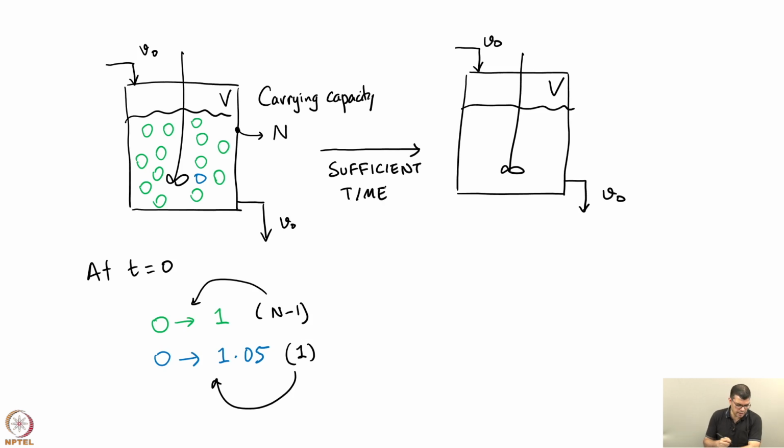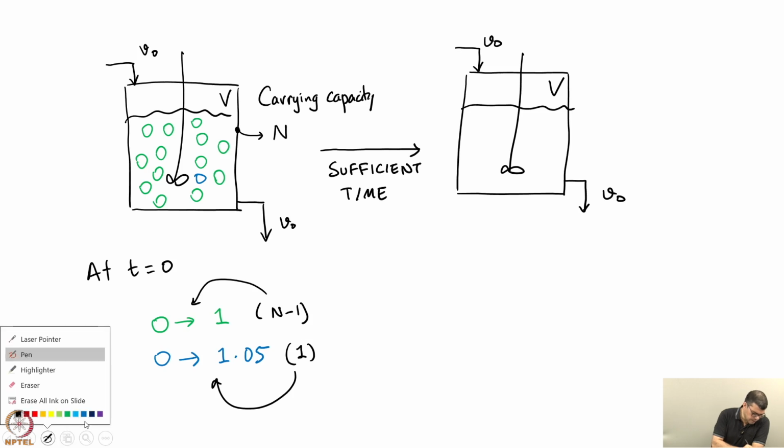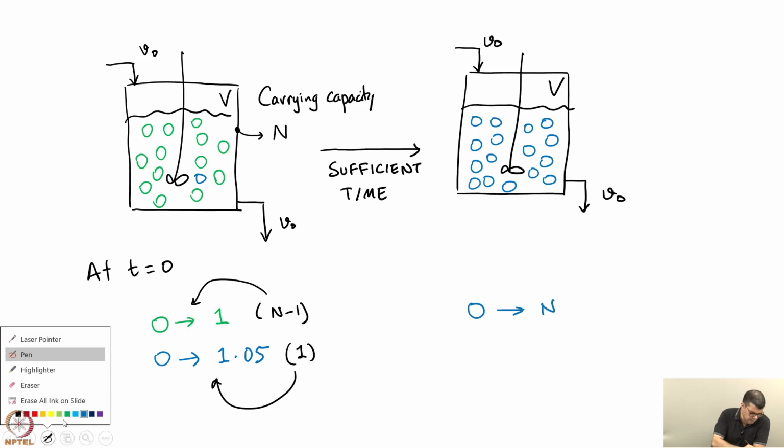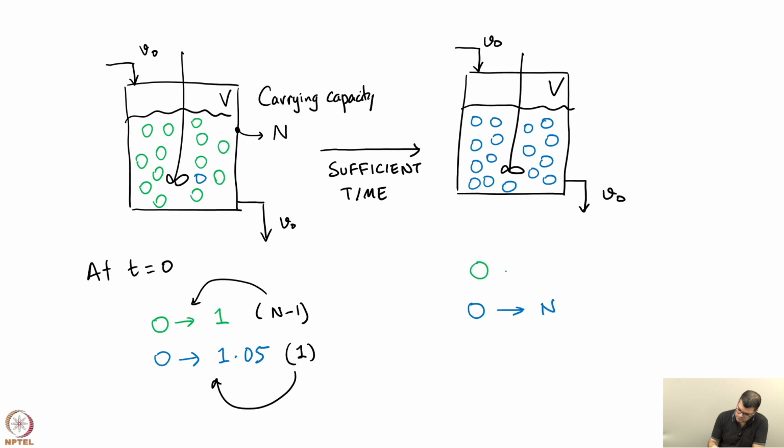The question that I have is that natural selection tells us that this blue individual is fitter, and hence the reactor should reach the following state, that the blue type individuals should be N and green type individuals should be 0.